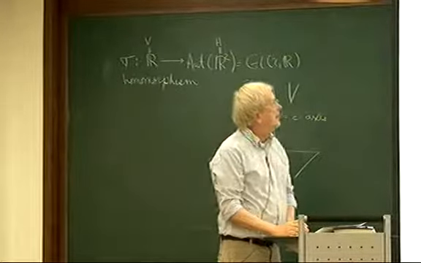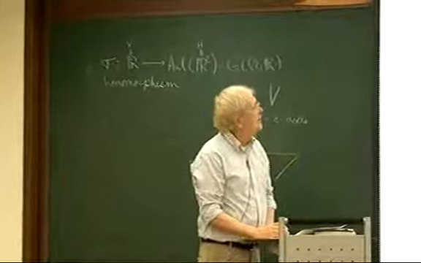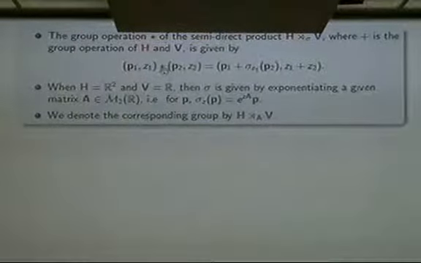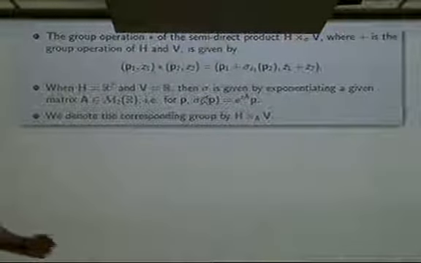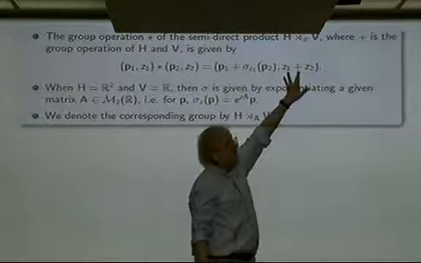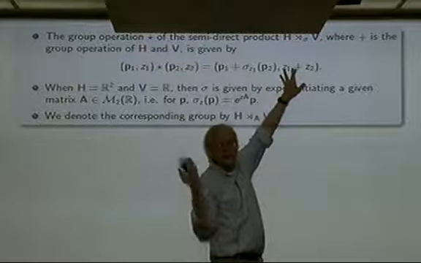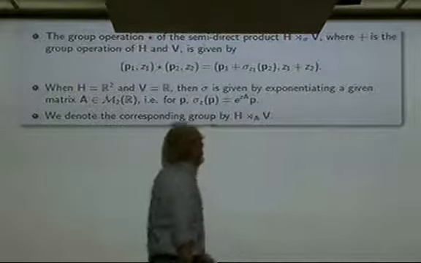Okay, all right, so how do you do that? Once you get that homomorphism sigma, then you define the group operation on the semi-direct product by star, and what you do is, the second part is very simple, you just add. So in this picture you add the z-coordinates.